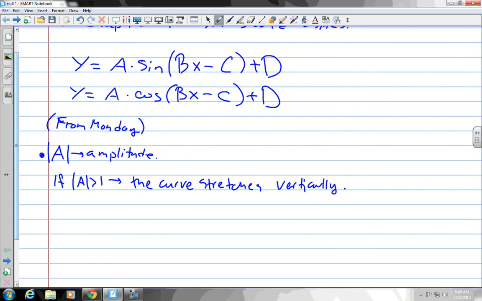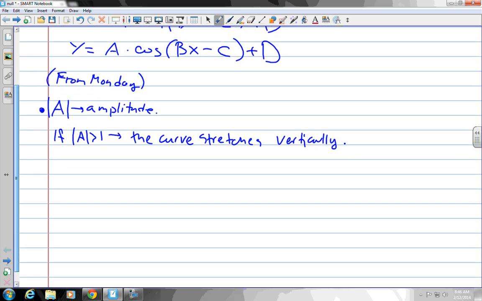And if the absolute value of A is less than 1, then the graph shrinks vertically, right?